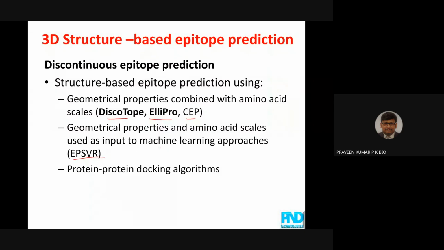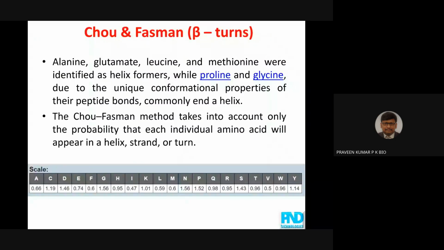We can also use protein-protein docking algorithms, as I mentioned with the neutralizing human antibody binding with the hemagglutinin of the virus. First try to dock protein-protein, find the binding sites, and check whether the epitopes predicted from the protein also bind to the same binding sites.